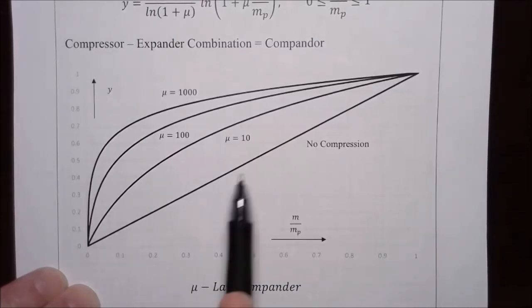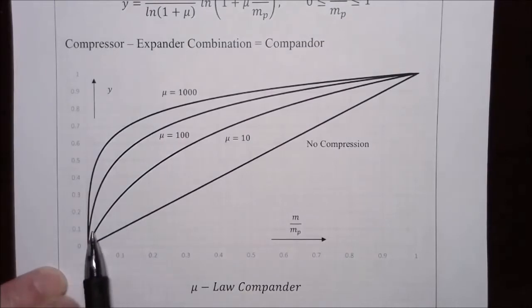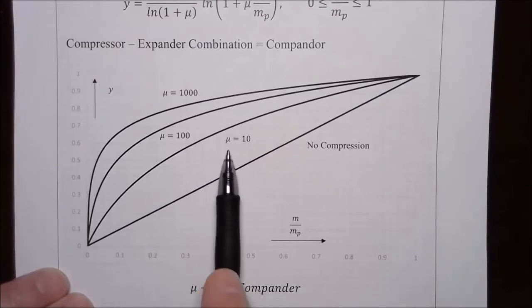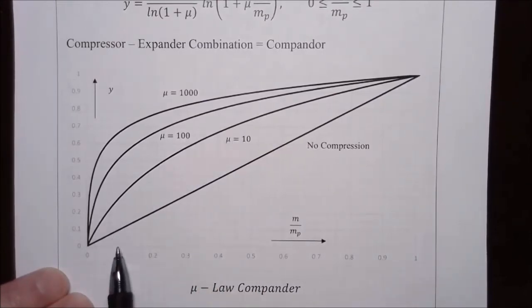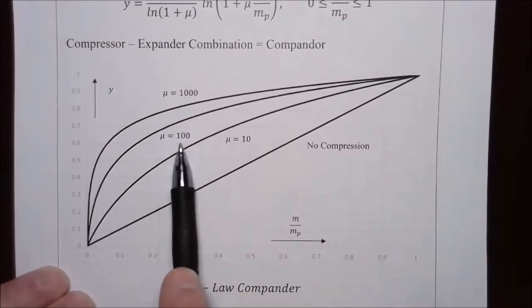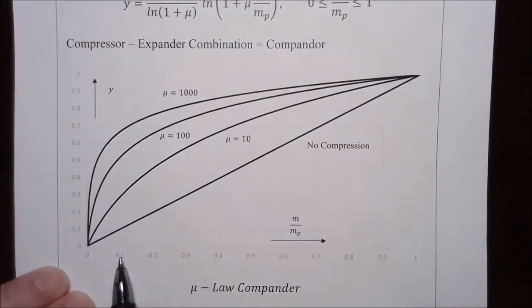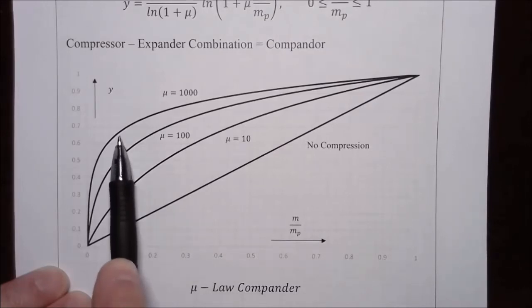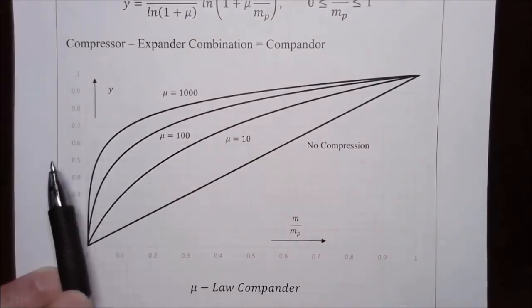With no compression at all, that maps to a value of 0.1. With a compression factor of 10, that maps to a value of 0.3. And with a compression factor of 1,000, a 0.1 input would map to a compressed value of about 0.7.